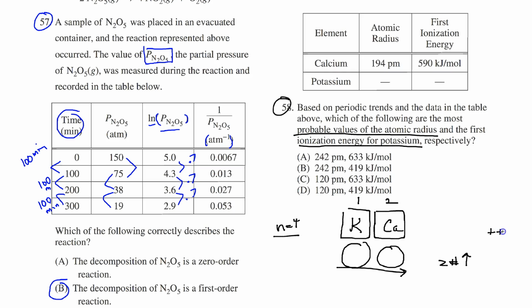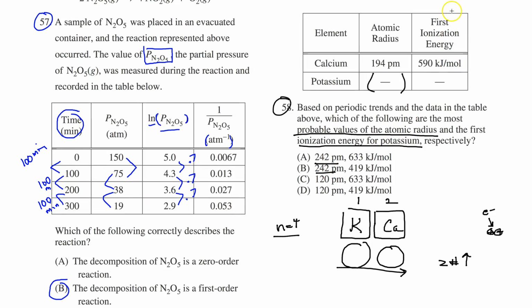And as that happens, we pull on those electrons coulombically to be closer. So we pull electrons in orbitals, and so the atomic radius gets smaller. So we'd expect the atomic radius of potassium, which has one less proton, to be bigger. So 194 for calcium, so I would expect the 242.